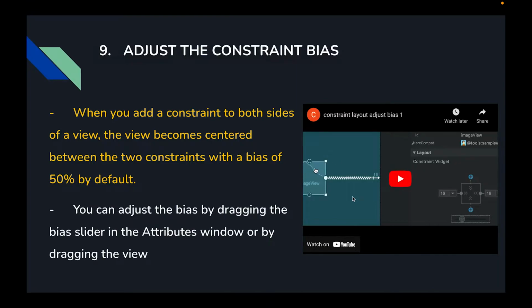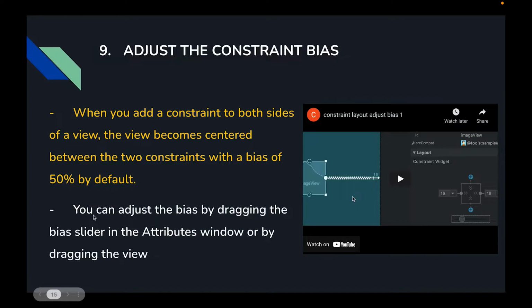Bias happens when we have a start constraint and end constraint, or a top and bottom constraint. So if it has 50%, it will be placed at the center of the screen.